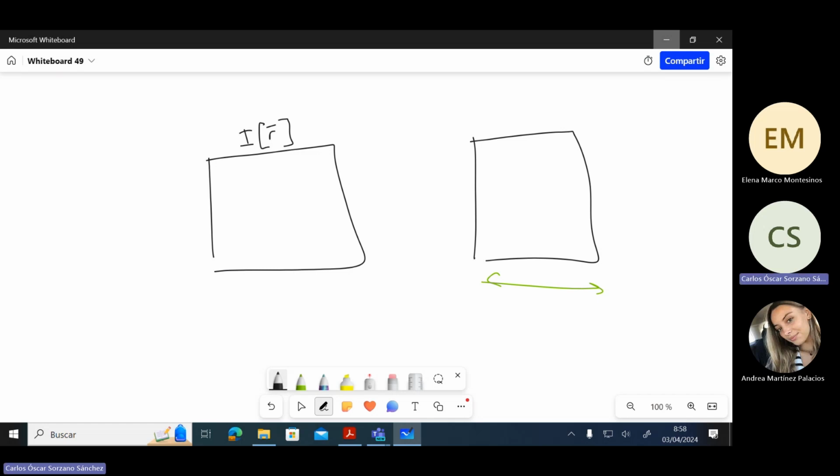We want to make it smaller, and we want to produce an image that is also defined on a discrete grid. And there is a relationship between coordinates in this space and coordinates in this space.